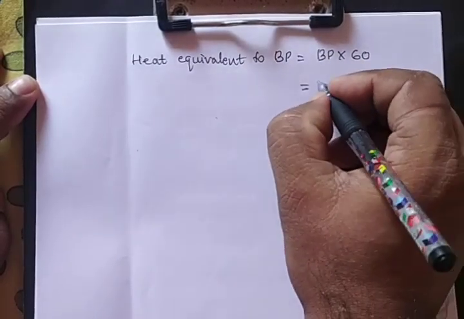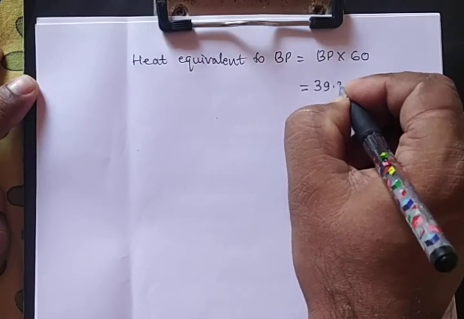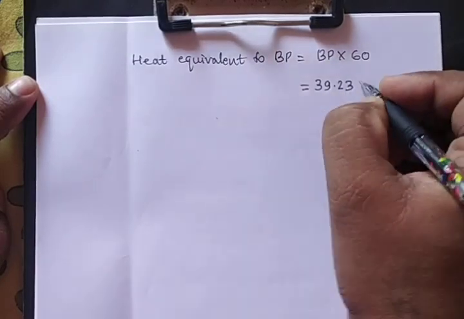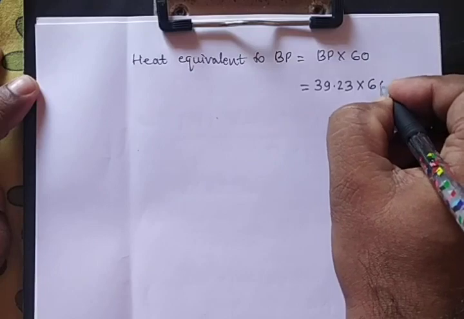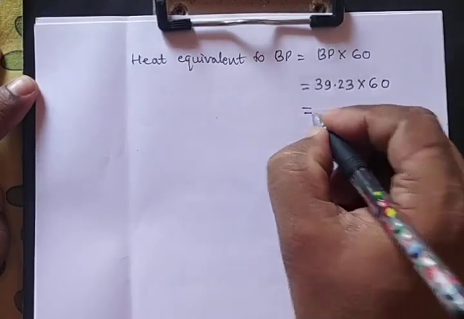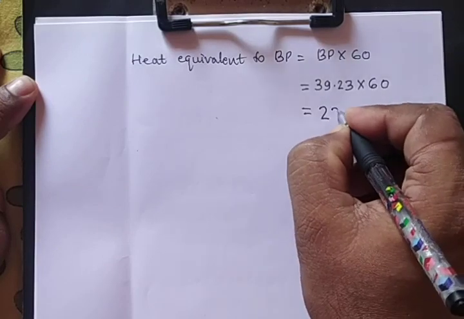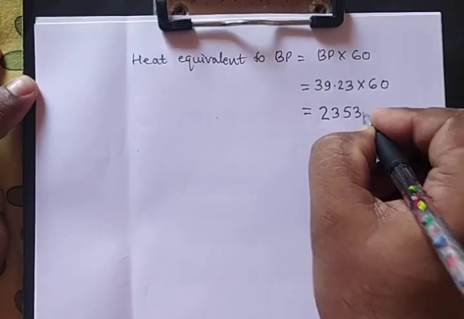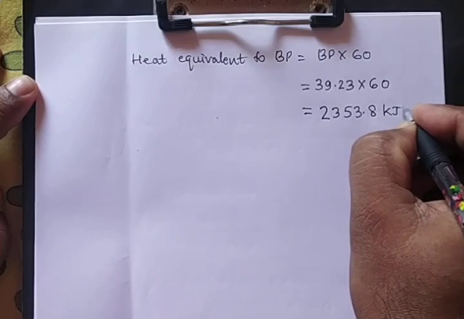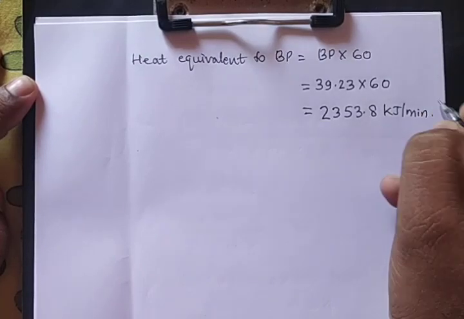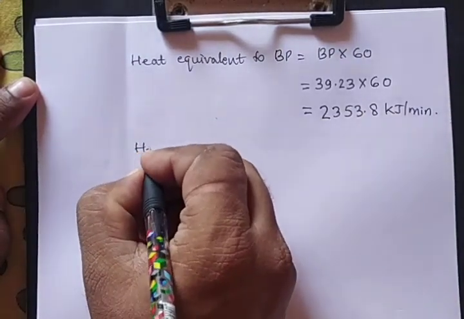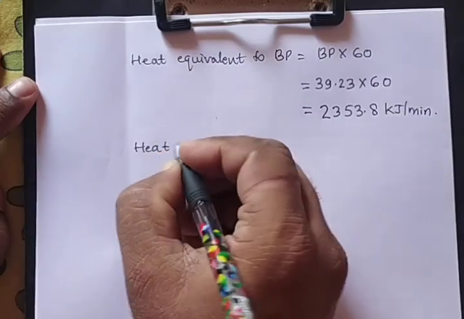So the value of BP is 39.23 kilowatt, that is kilowatt is kilojoules per second into 60. So you will get this in kilojoules per minute, that is you get the value to be equal to 2353.8 kilojoules per minute.